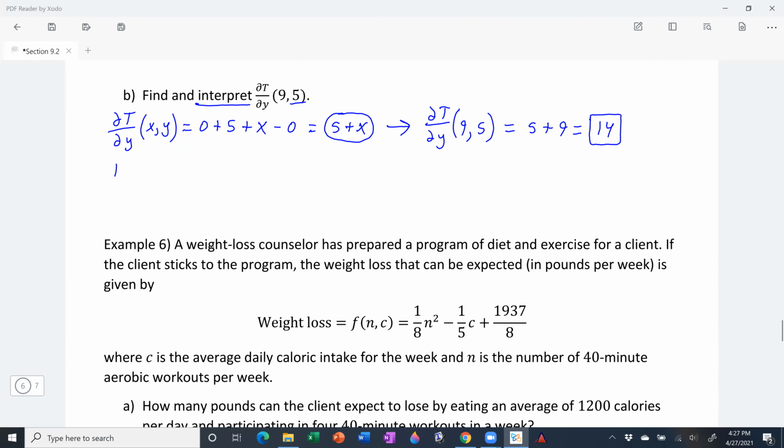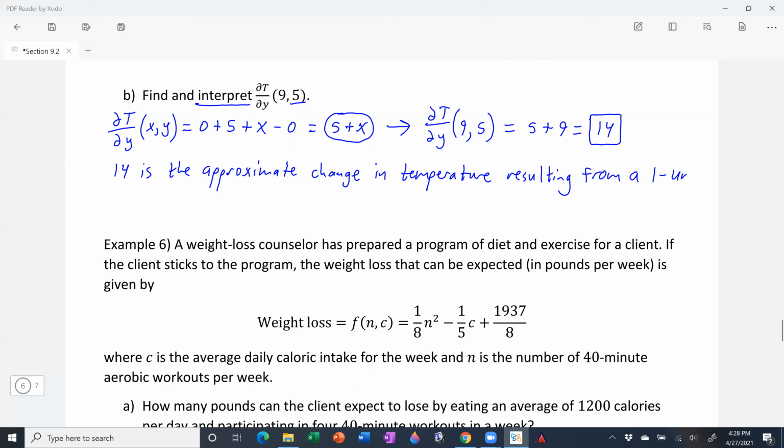Let's write this out. 14 is the approximate change in temperature of that river as it passes the power plant, resulting from a 1 unit increase in production of electricity.